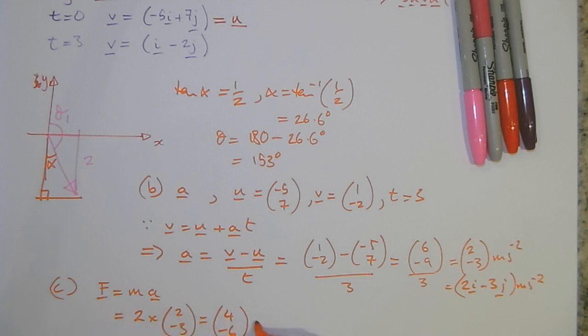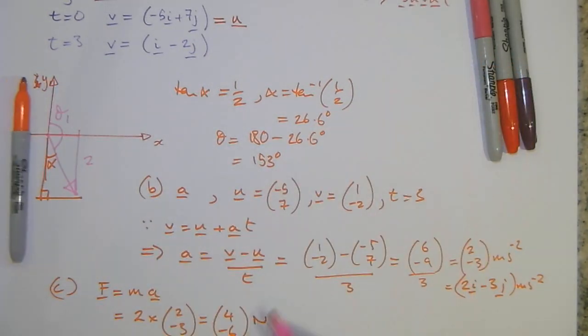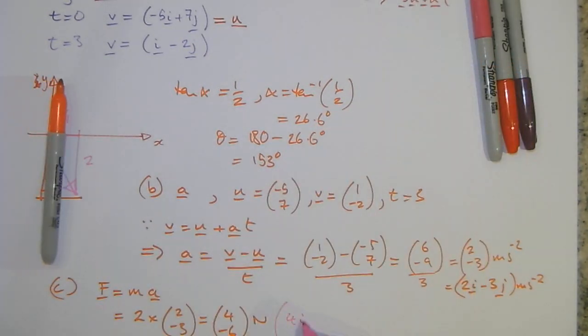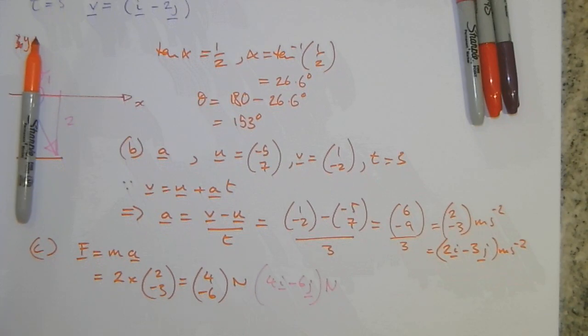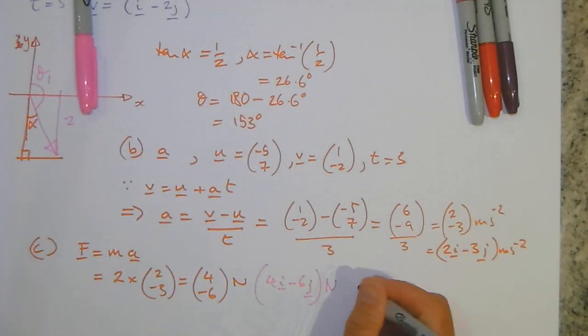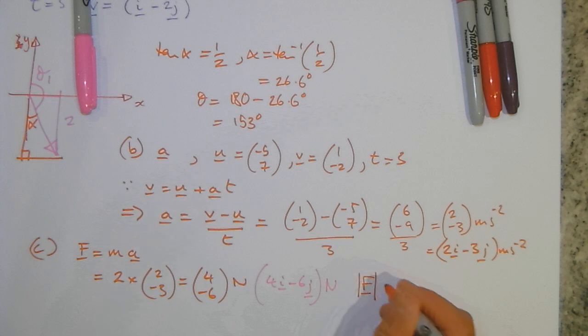So the force is 4, minus 6 newtons, or 4i take 6j newtons. But the question asked for the magnitude of the force, so we apply Pythagoras to this.